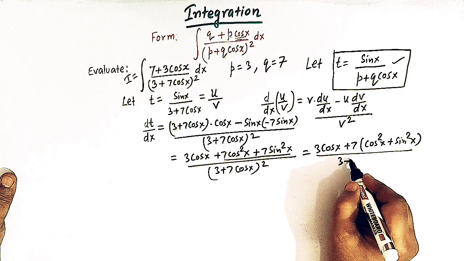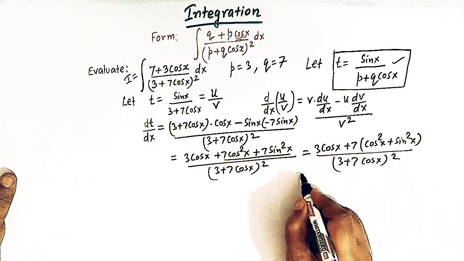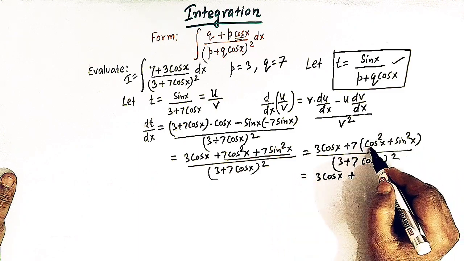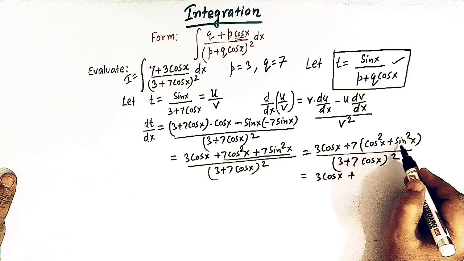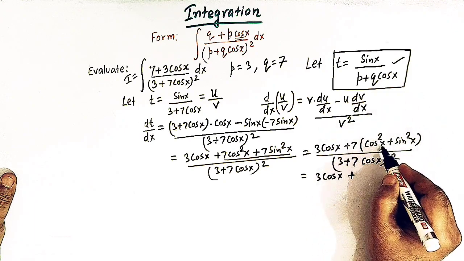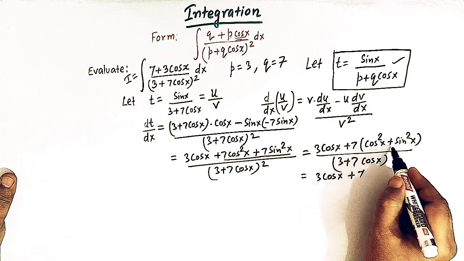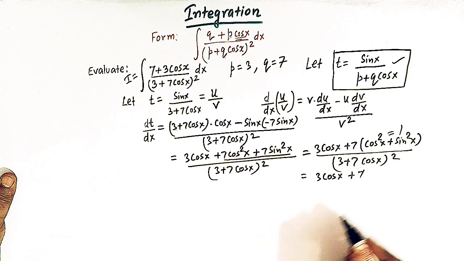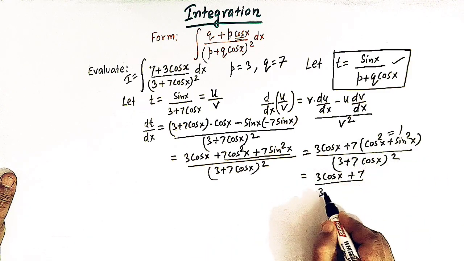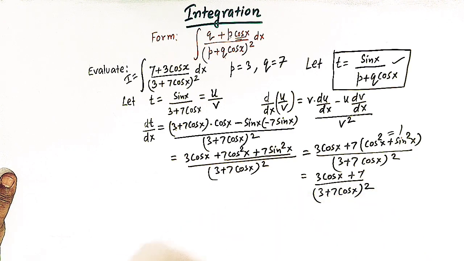This is the famous trigonometric identity, cos square theta plus sin square theta is 1. So we have 7 times 1, which is 7, over 3 plus 7 cos x whole square.